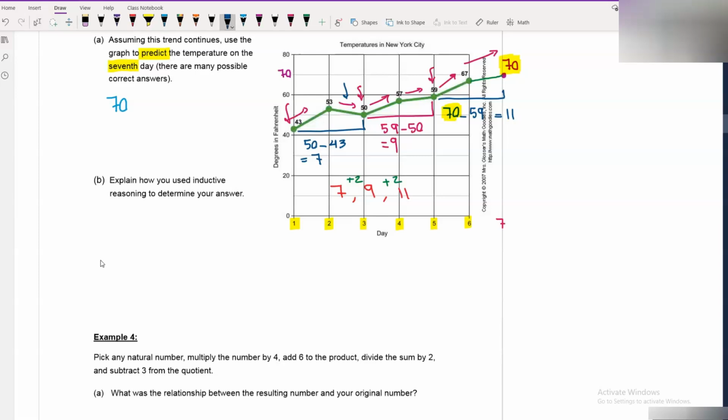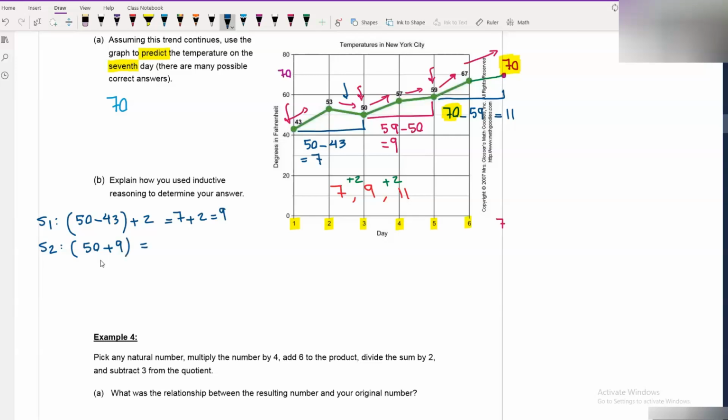Explain how you use the inductive reasoning to determine your answer. How we use these numbers to predict. So we use these steps. Step 1. I'm just writing what I did on that part. So I subtracted the first and third one, and I added 2, to be able to find the next number for differences, which is 9. Step 2, 50 plus 9.